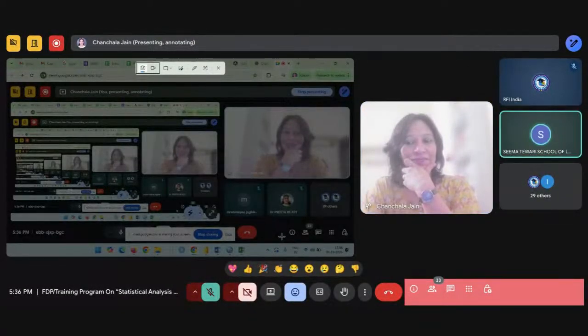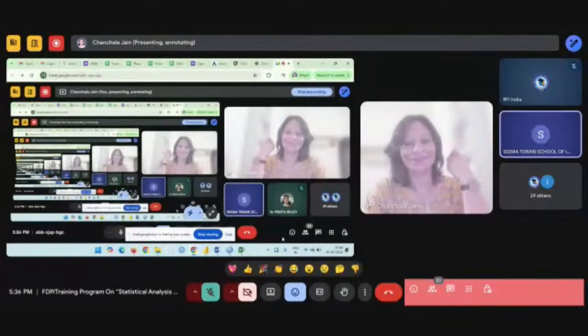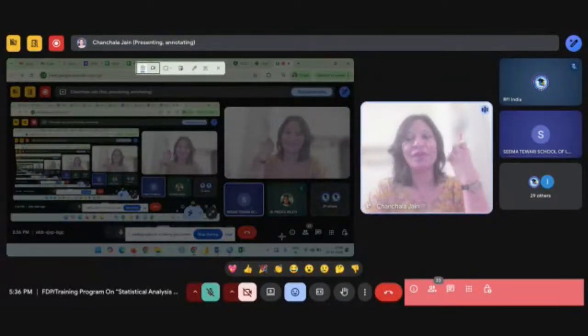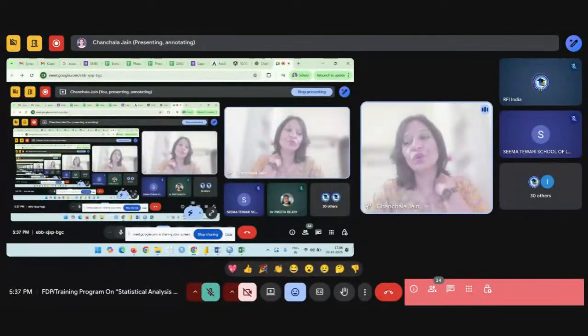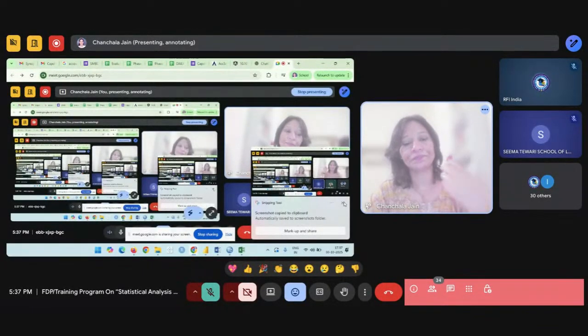Ma'am, it tries to compare the mean of two independent samples. Very good. Thank you, Seema, you are very correct. It is helping us to compare the mean of two groups or two samples.